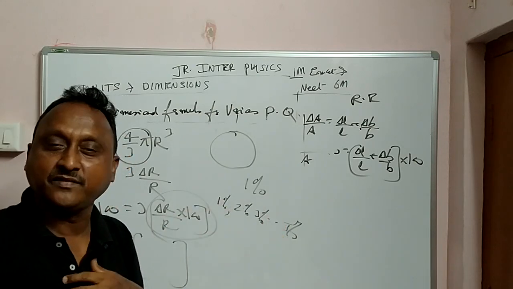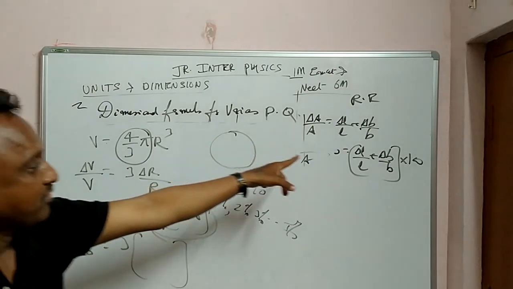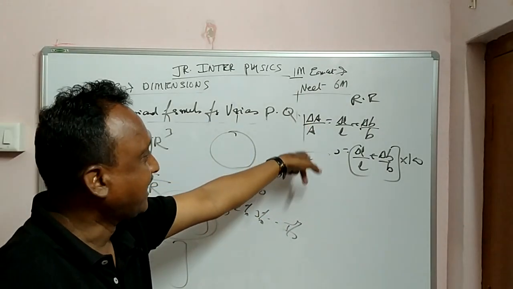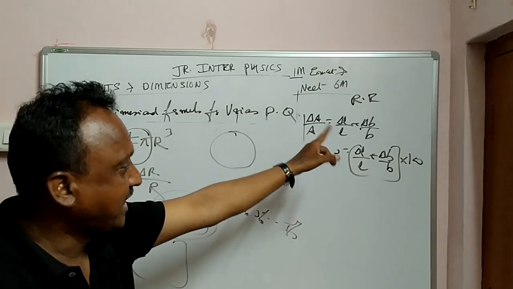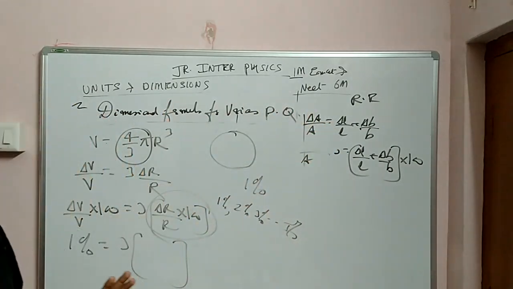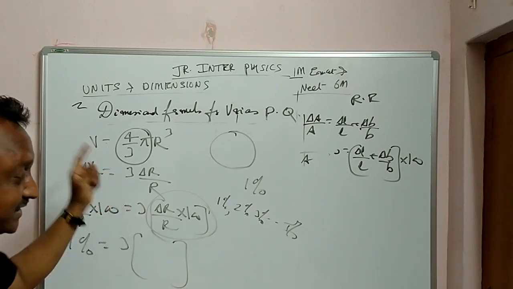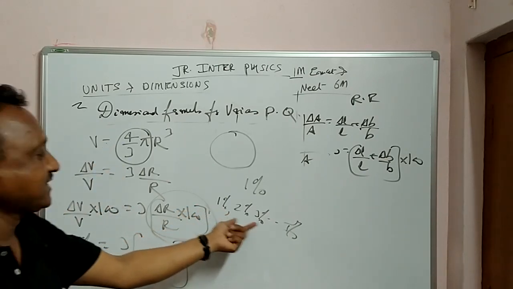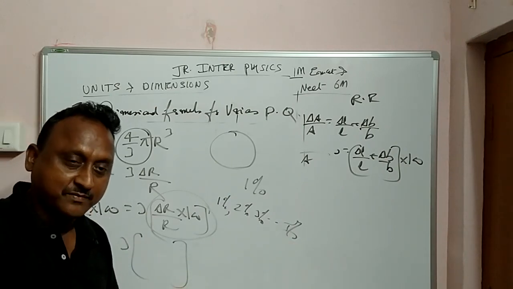If it is more than 5%, like 6% or 10%, then this may go wrong. Then you have to go with the normal method, that is delta A by A is equal to delta L by L into 100 plus delta B by B into 100. You should not apply the logarithmic method because it fails when the error increases beyond 5%. Please make a note.